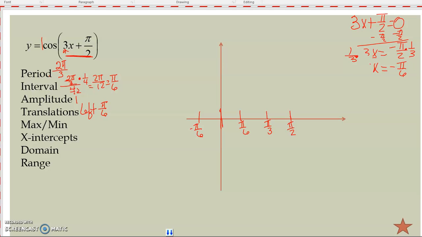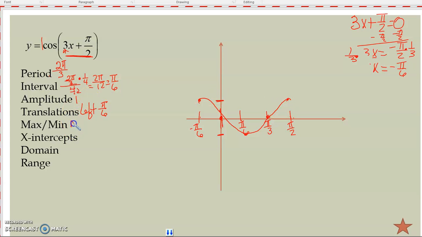Okay, now we got to make sure we're right. This is 1, 2, 3, 4, 6, and 4, 6 reduces to 2/3. Okay, so we've got our period is going to fit within this 2/3 pi. Our amplitude is 1, so we're just going to keep it there. We start high, go low, and come back up.